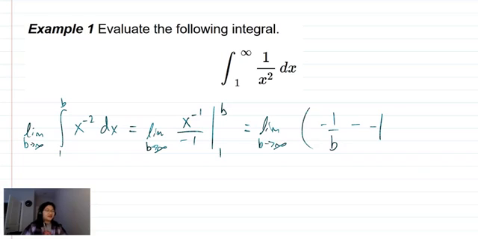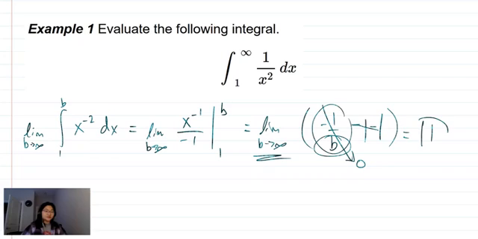And that's what's inside our limit, but minus a negative is plus, so we have negative 1 over b plus 1. But as b goes to infinity, our denominator goes to infinity, so this number goes to 0. And so we end up with a positive 1. Okay, it's not terrible.